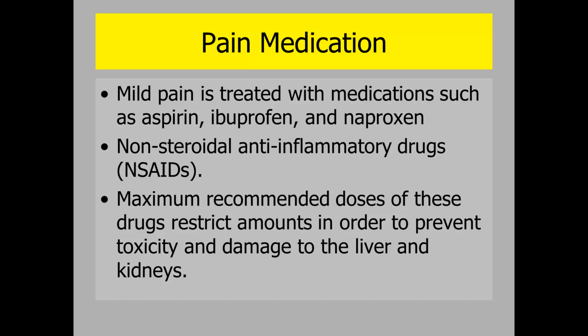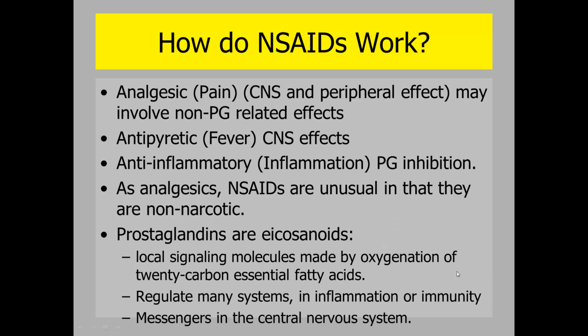They are often referred to as non-steroidal anti-inflammatory drugs. The maximum recommended doses of these drugs restrict the amounts in order to prevent toxicity and damage to the liver. So you can't just keep taking more and more of these drugs. You're limited in how much you're able to take before you get a toxic side effect.